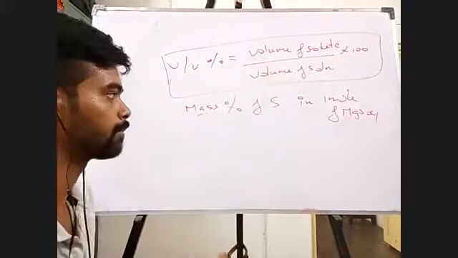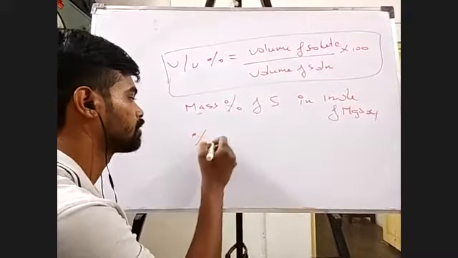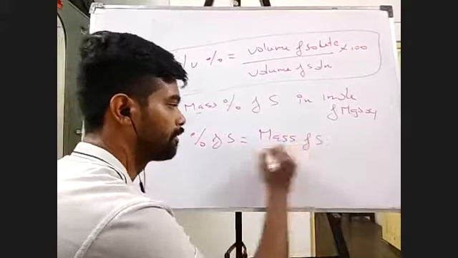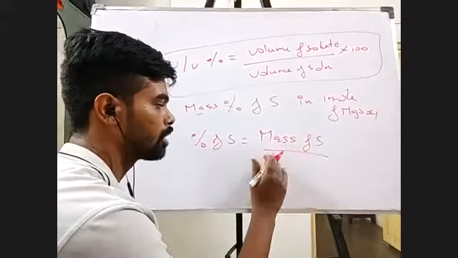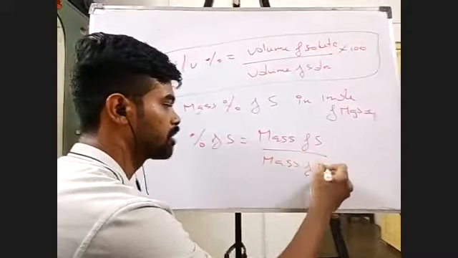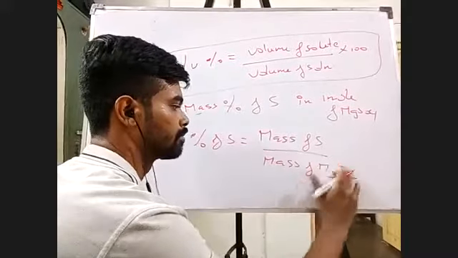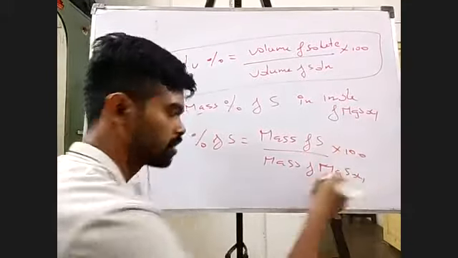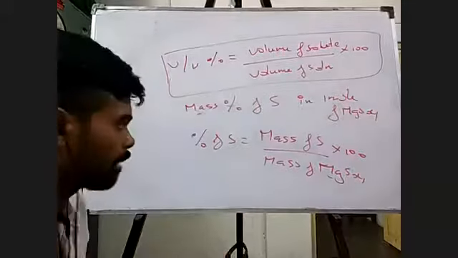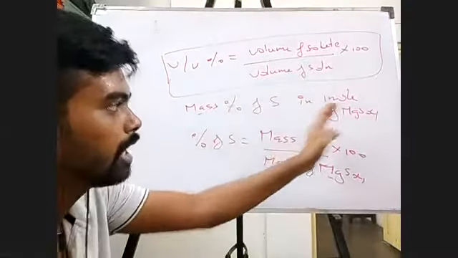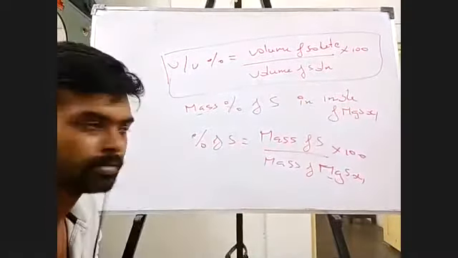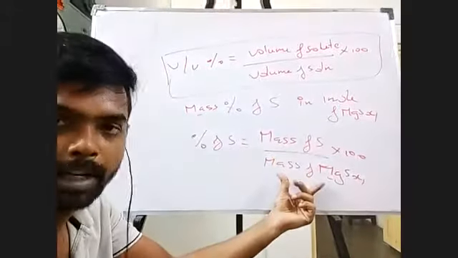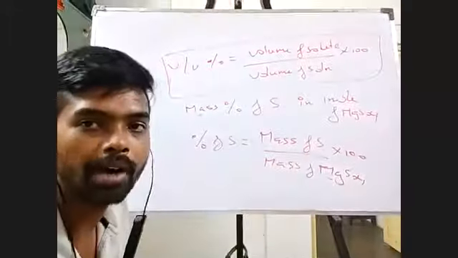Like in the case of percentage here, percentage of sulfur is equal to mass of sulfur divided by total mass of MgSO4 into 100. I'm asking what is the percentage of sulfur in 1 mole of MgSO4, so it's mass of sulfur divided by mass of MgSO4 into 100.